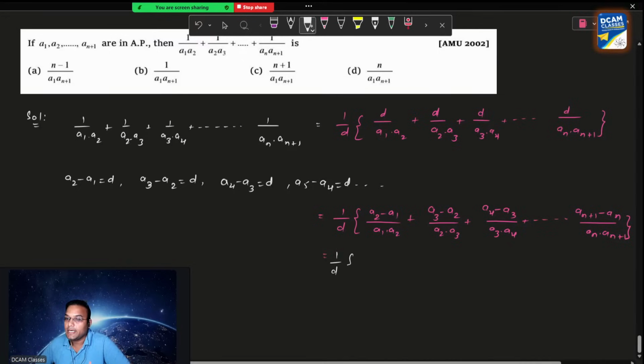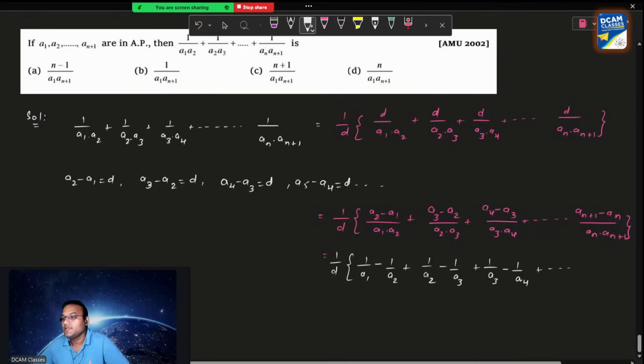Now you can write this as 1 by a1 minus 1 by a2 plus 1 by a2 minus 1 by a3 plus 1 by a3 minus 1 by a4.